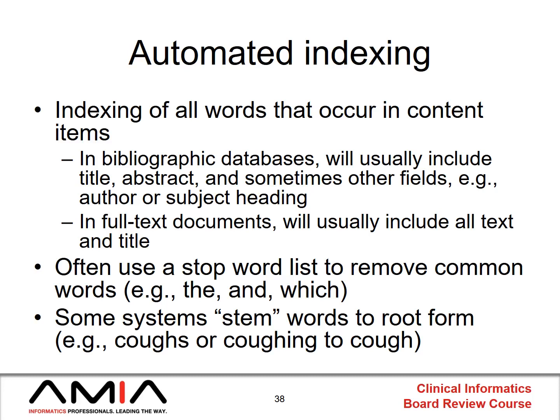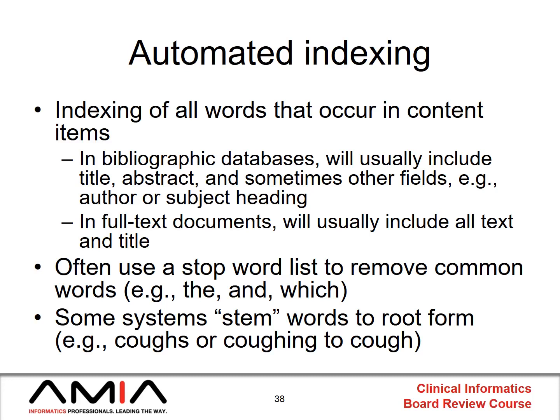And in full text documents, the automated indexing process will essentially include everything, all of the text, the title, and so forth. The automated indexing process will often use a stop word list to remove common words that occur in almost all content items and are not very useful for searching, words like the, and, which.